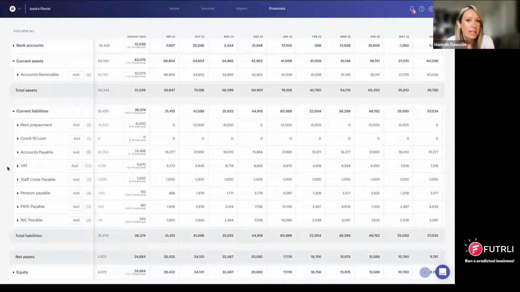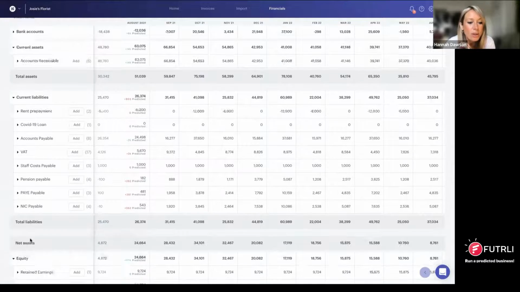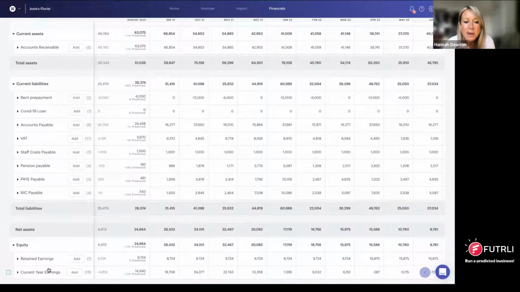So staff liabilities, sales tax liabilities, they're going to appear there. This is a British account that's been set up. Exactly the same applies if you're in a different locale. And you've got your equity as well. Who owns the business? And what's your current year earnings and retained earnings? So that's the balance sheet.